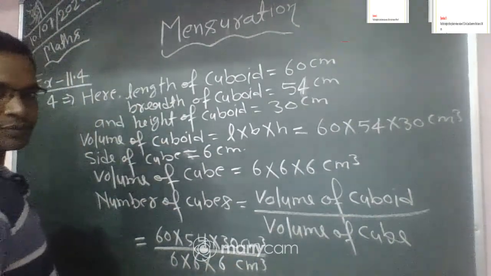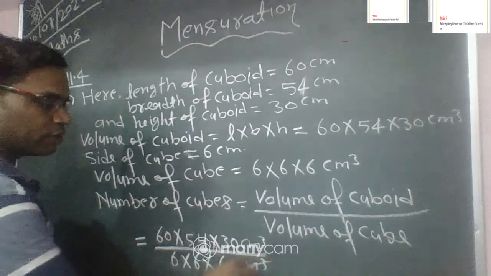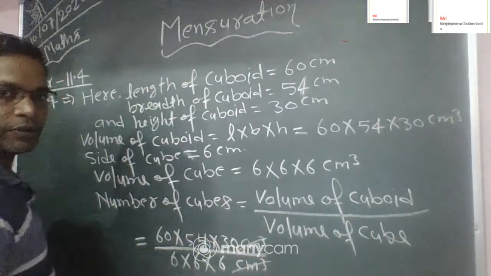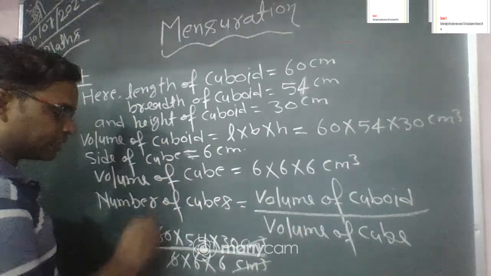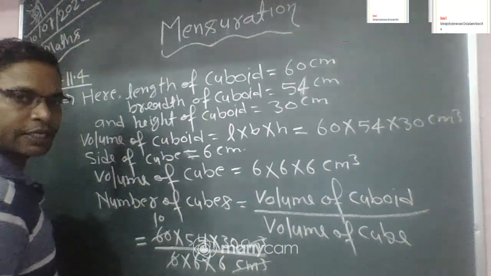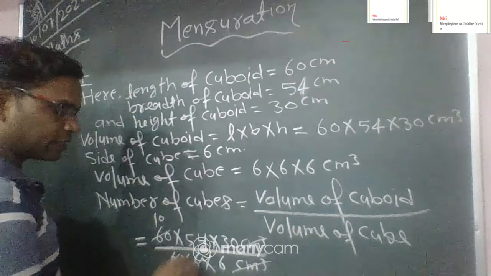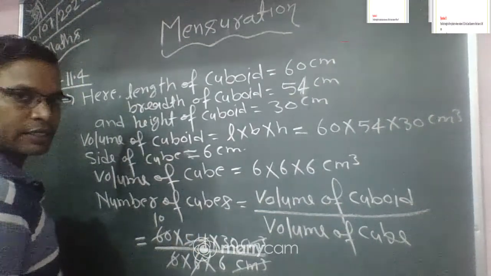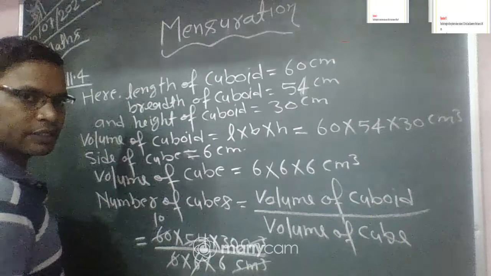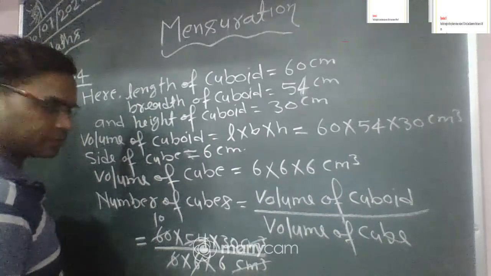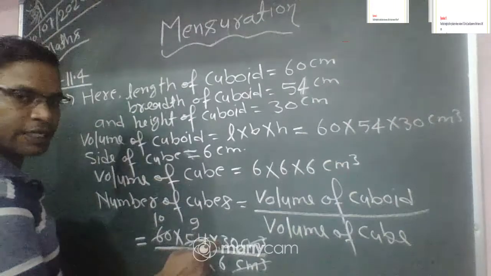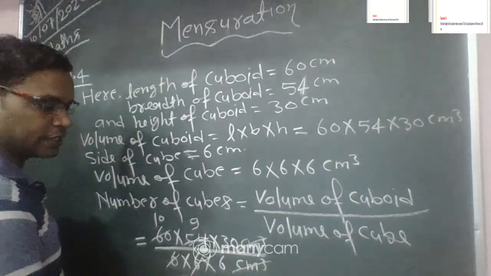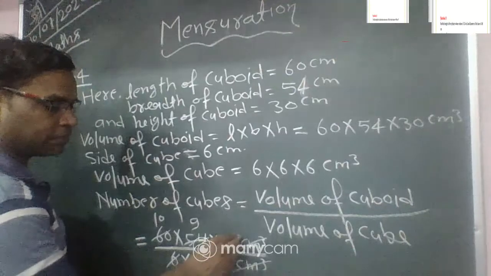So first, centimeter cube cancel. Okay. Now this is 60, this is 6, 10 times. Clear? 6 9s are 54, 9 times. This is 30, this is 6, so 6 5s are 30, 5 times.